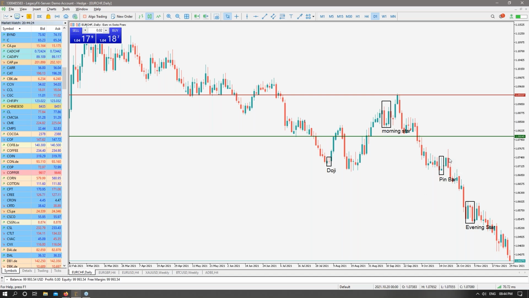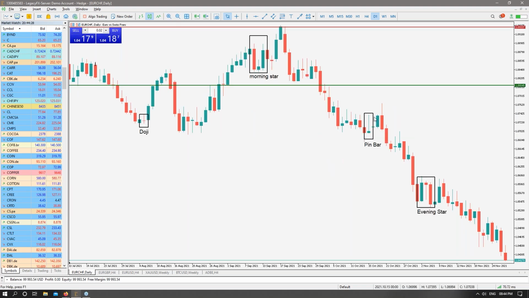for instance, this is an engulfing candle right here. This candle covers the opposite direction candle before it entirely, plus a little bit more. That is an engulfing candle like this.